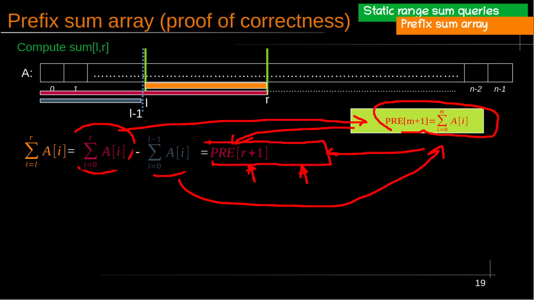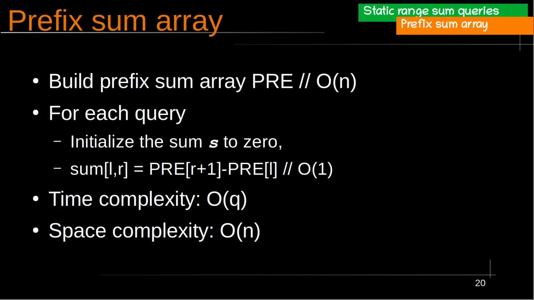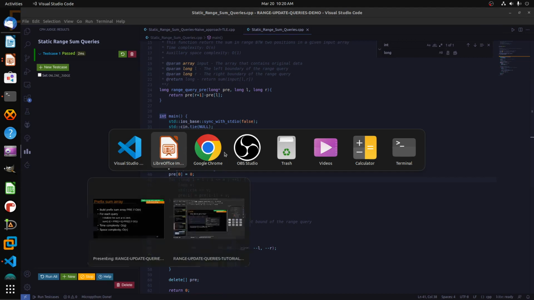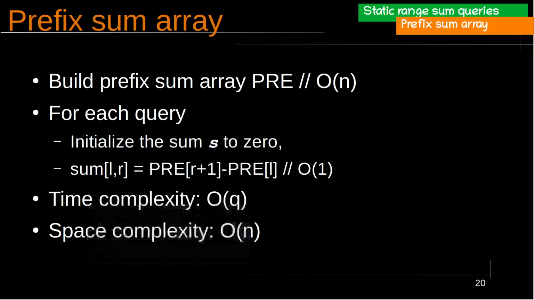So here, we use the prefix sum array when we have static range sum queries. We can pre-process the computation by computing the sums in a new array and perform the queries in constant time.